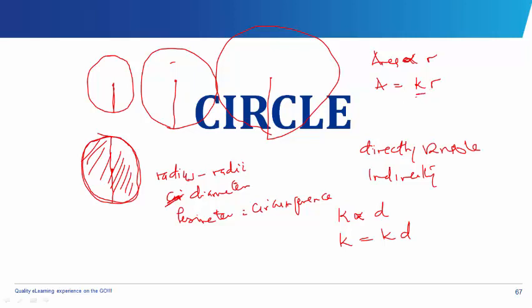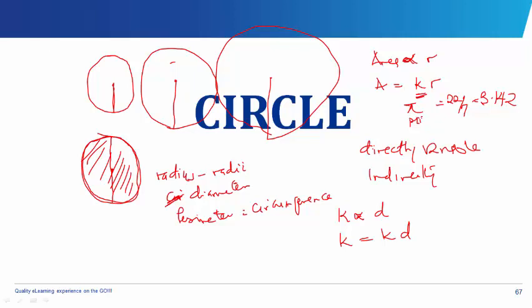Now that constant, that unknown constant, is now what we call pi. It has been found out that it equals 22/7, or if you use a calculator to break it down, 3.142. Now this constant is what we call pi. Okay, and the value of pi equals 22/7.